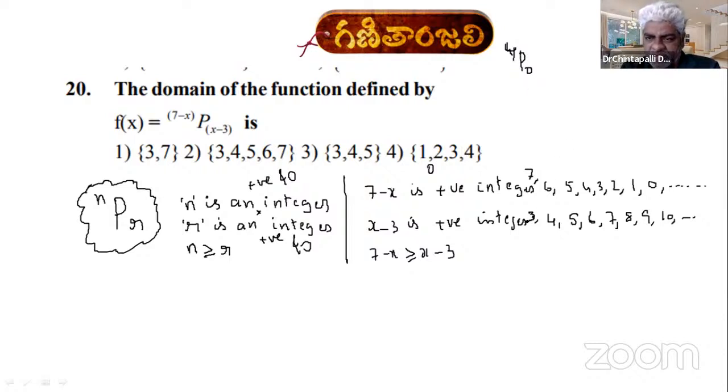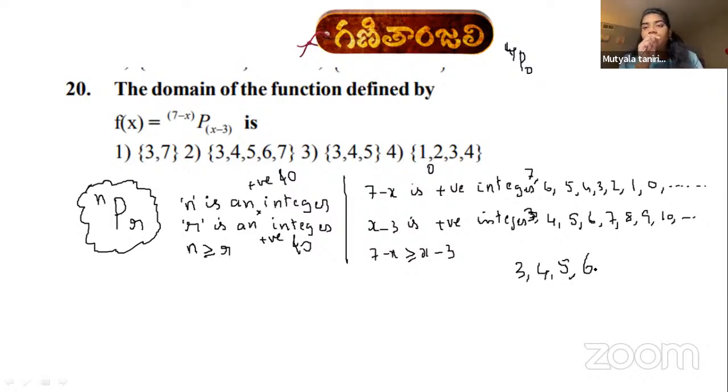So we include 3 also, right? Now tell the common numbers. 3, 4, 5, 6, 7, sir. 7 also. Yes.